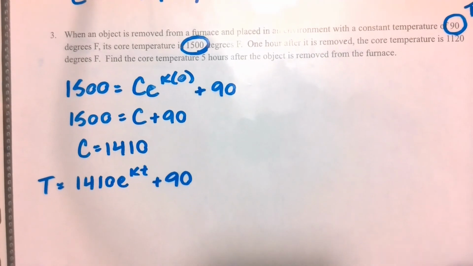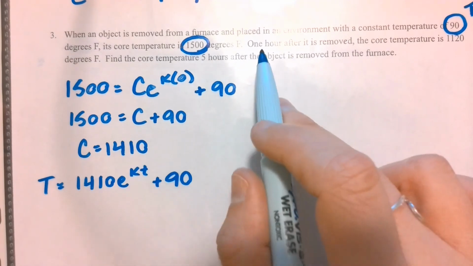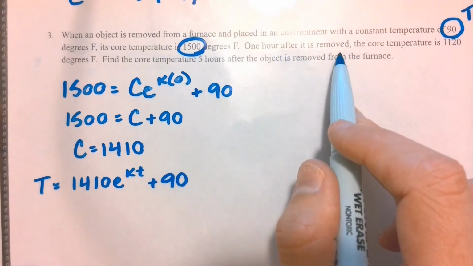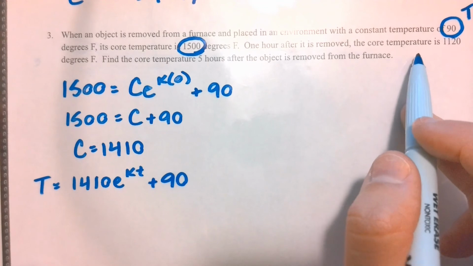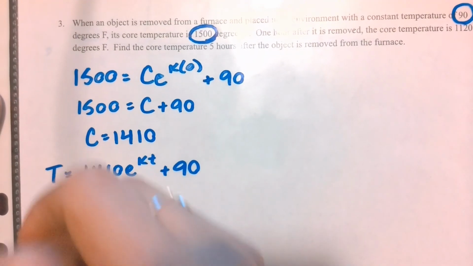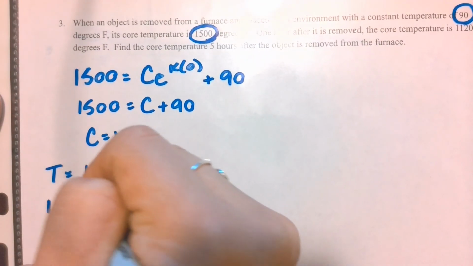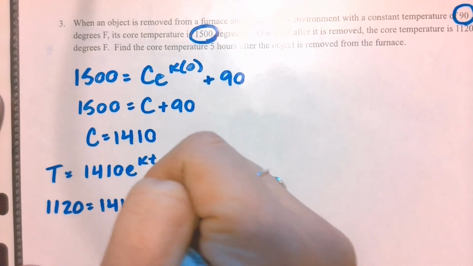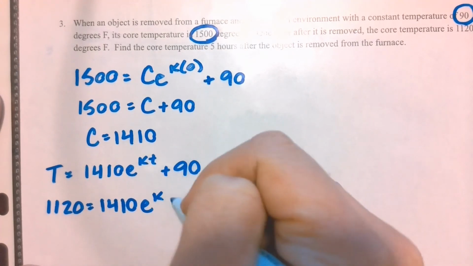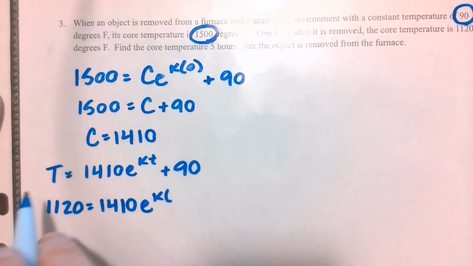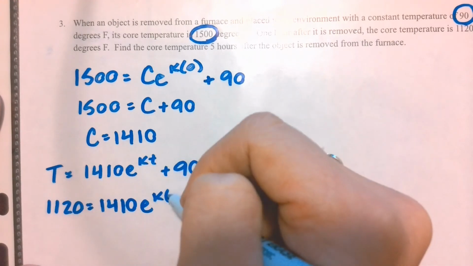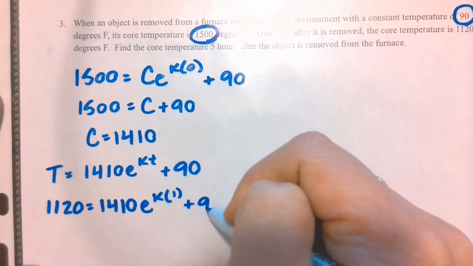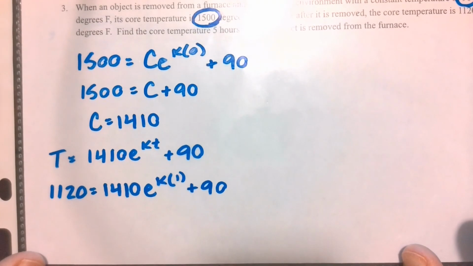So now that we have our T sub 1 and our C value, we're ready to look at the next situation and solve for k. Now we're using the fact that 1 hour after it's removed, the core temperature is 1120. So plugging in 1120 for the uppercase T, and then 1 for time, see if you can solve for k.